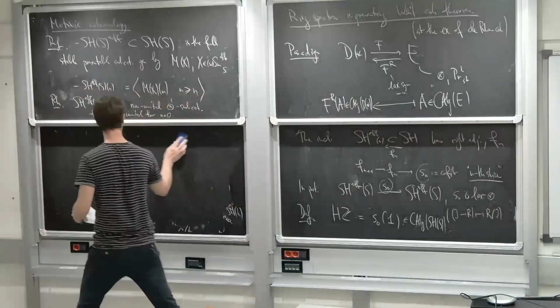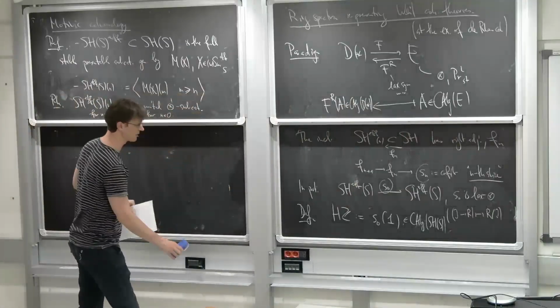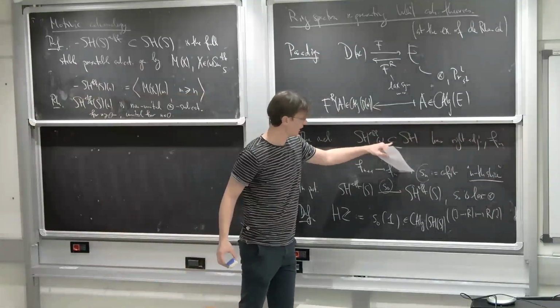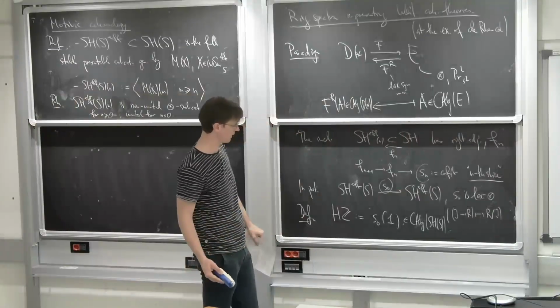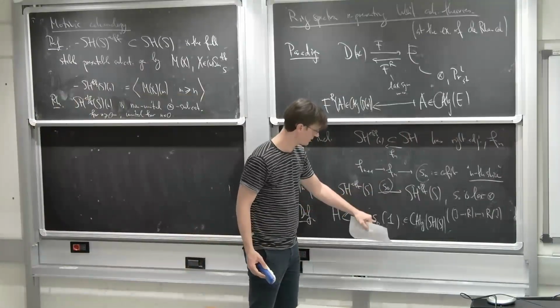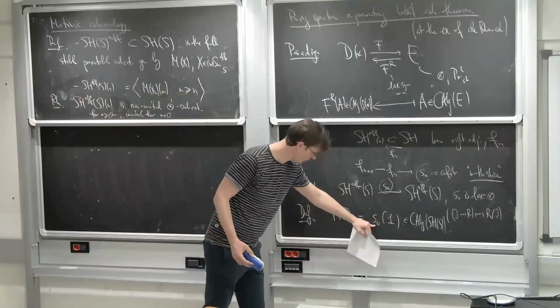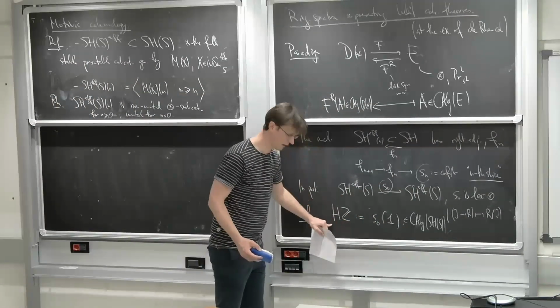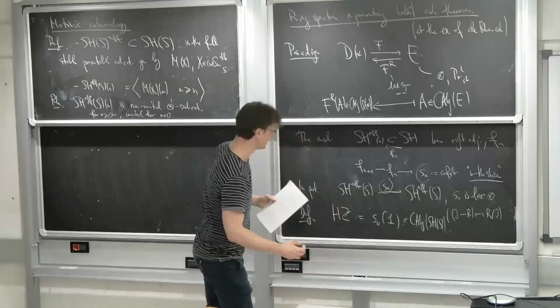It comes from topology, where this entire story originates, namely when you look at spectra and suspension spectra, then all of what I said still applies, and there one shows that if you do this, you in fact do get the Eilenberg-MacLane spectrum for Z. In that context, it's a fact.